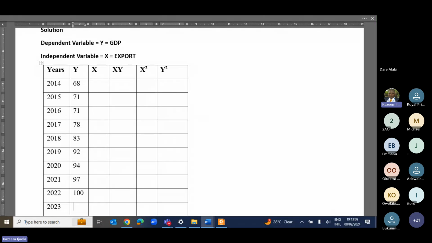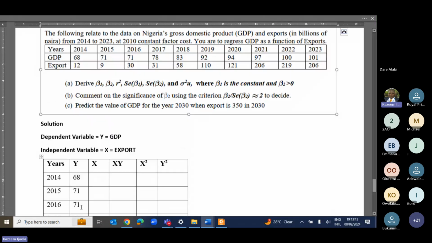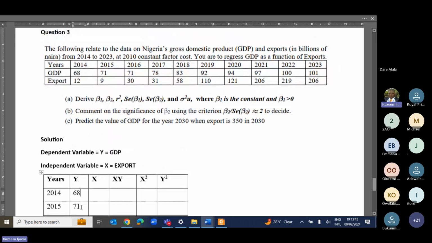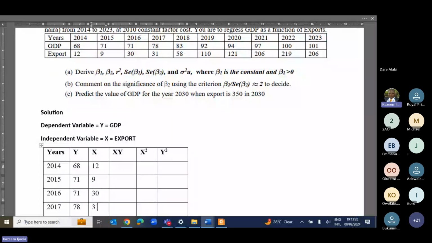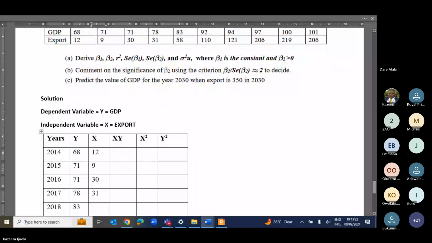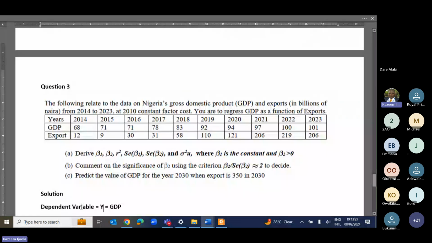What is our X? Our X is 12, 9, 30, 31, 58, 110, 121, 206, 219.